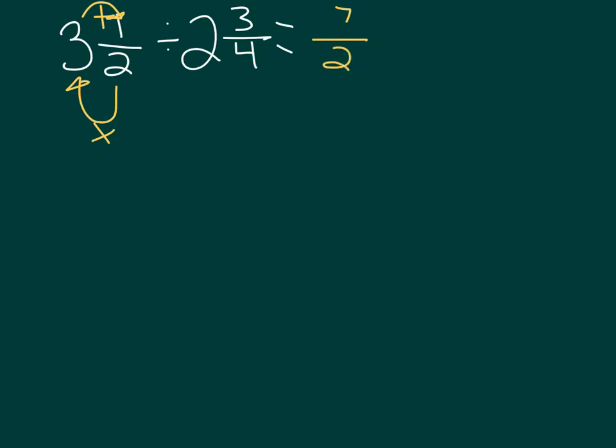We keep our denominator. We're still dividing as of right now. We need to change the second fraction. 2 times 4 gives us 8, plus 3 gives us a numerator of 11. And our denominator stays the same at 4.